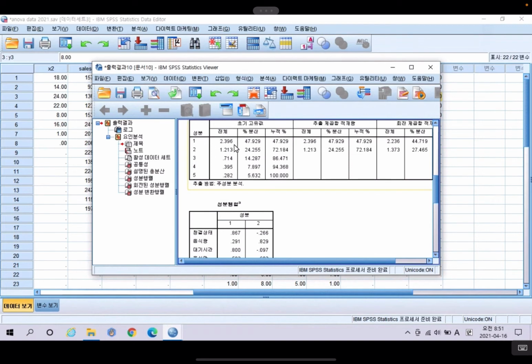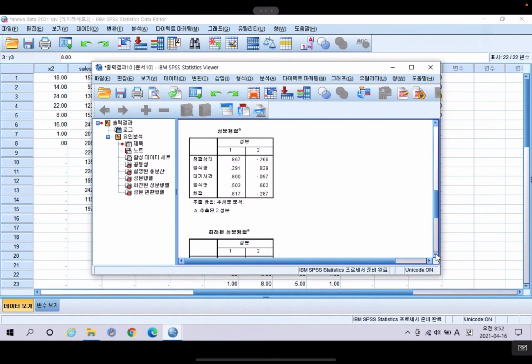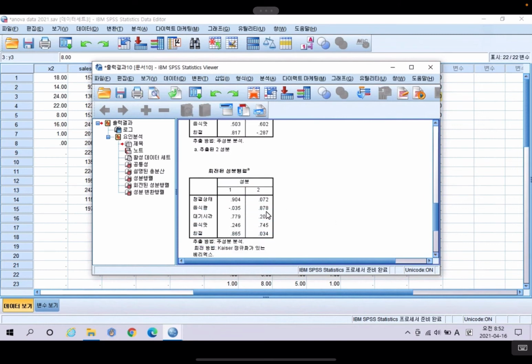So in this case, 1 and 2 are selected, right? Now this is before the rotation and this one is after rotation, right? These are the factor loadings, right? These numbers. I'll explain how to interpret these things, right?